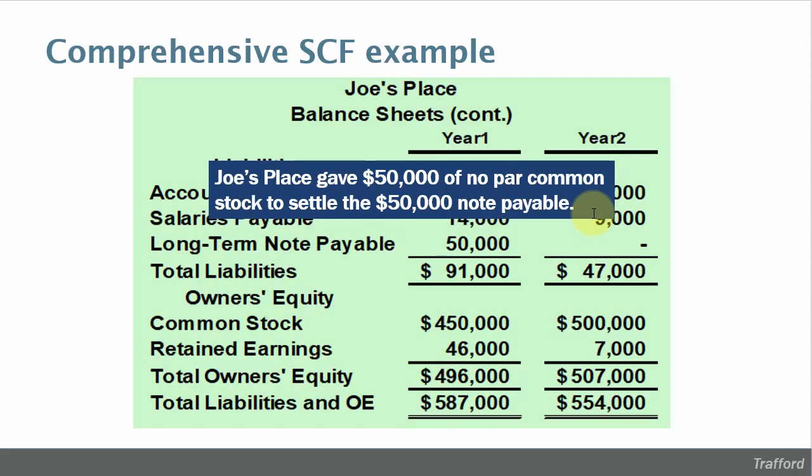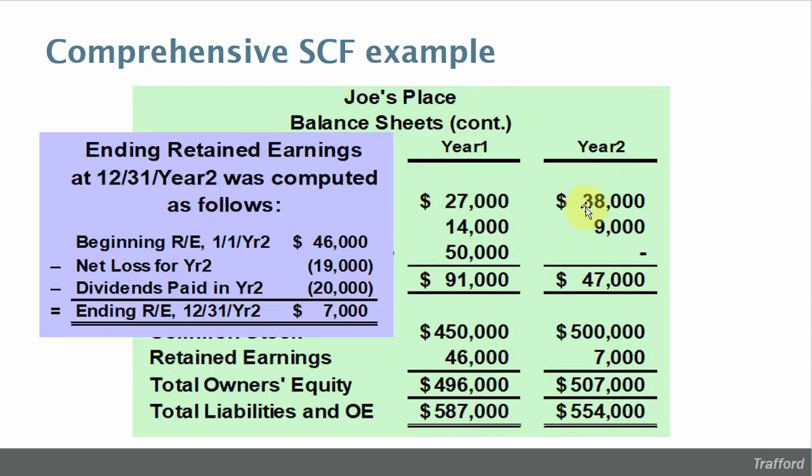The business gave $50,000 or issued $50,000 of no par stock to settle the $50,000 note payable. So this note went from $50,000 to zero at the end of the year, and common stock went from $450,000 to $500,000 as a result of this transaction.